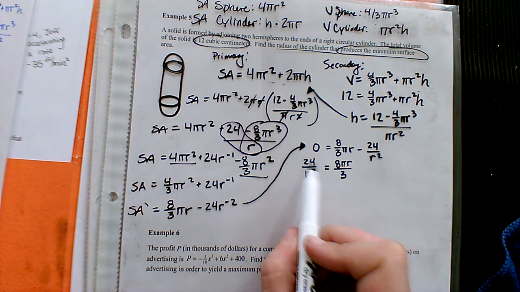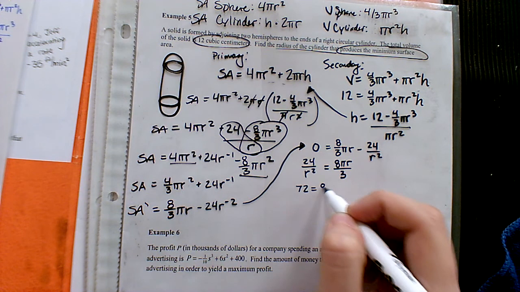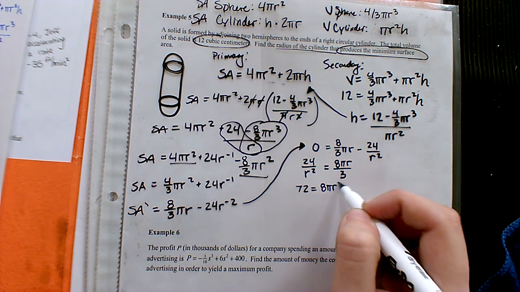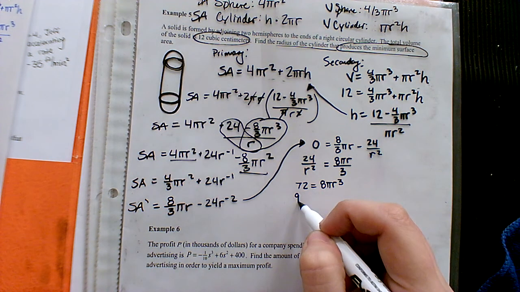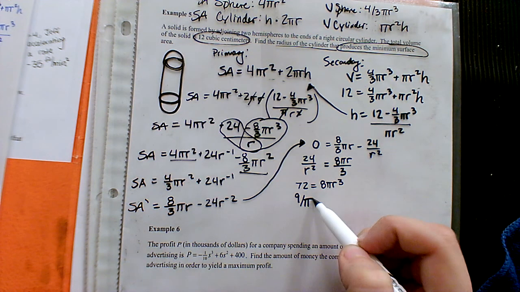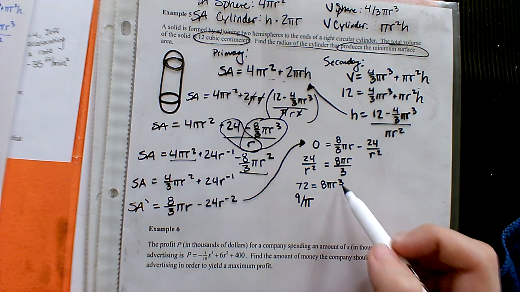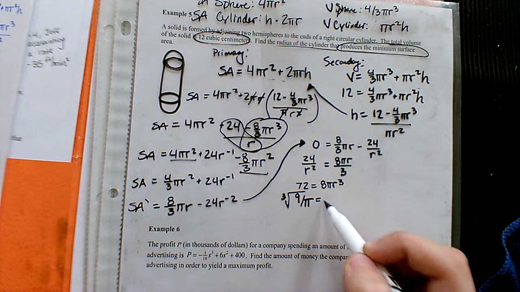Cross multiply. All right, 24 times 3, 72. Right side would be 8 pi r cubed. I think we can solve for r from there. 72 divided by 8. 9. Divide the pi over. 9 over pi. Get rid of a cube. Cube root.